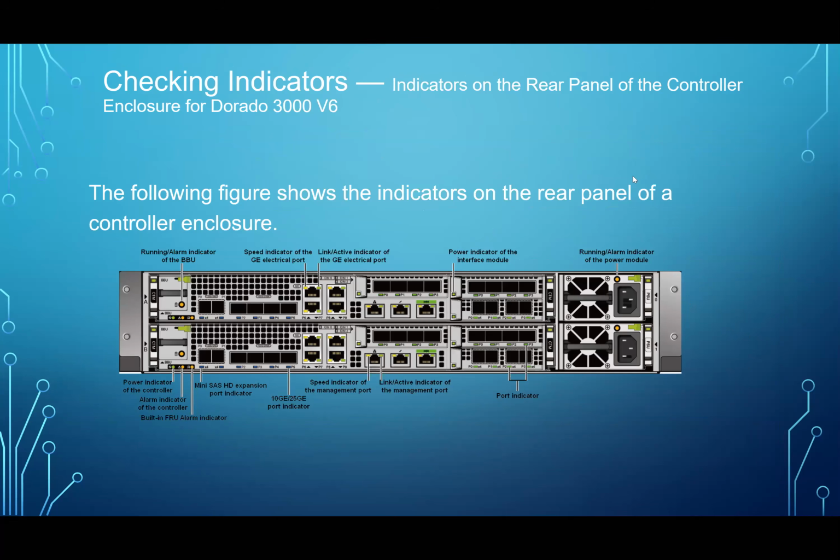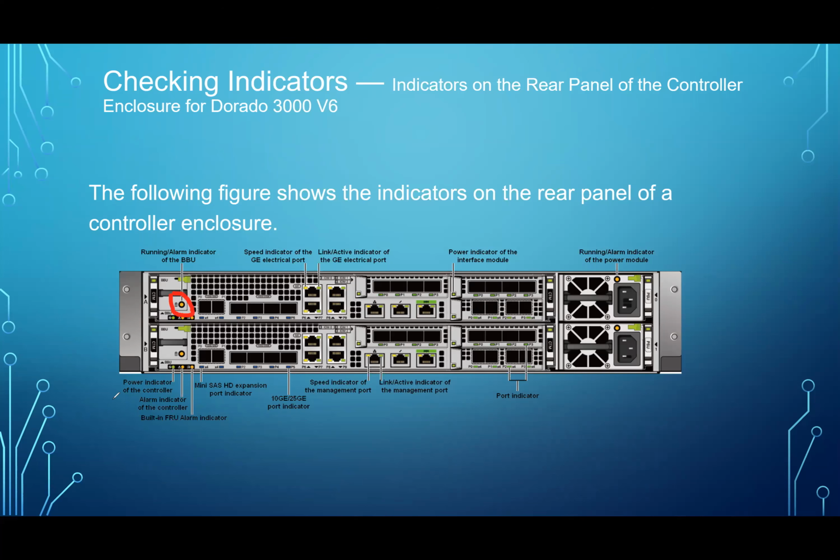We will then go to the rear panel of the controller enclosure of the Dorado 3000. Here, as you can see, we have multiple indicators. We'll start from the left. The first indicator is the running and alarm indicator of the BBU. Let me also note so it would be easier for you to see.